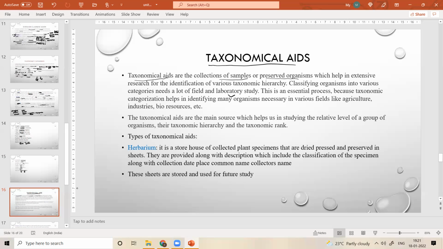We need to have laboratory study as well as field study, so that we can identify organisms and understand them in detail. Only then can we classify them.